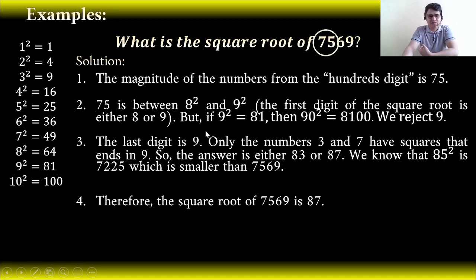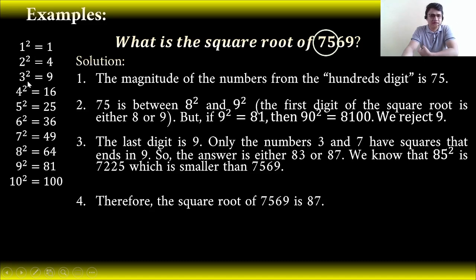But if 9 squared is 81, then 90 squared is 8,100, which is greater than 7,569. So we reject 9, and the only surviving possible first digit is 8. Now the last digit of 7,569 is 9, and only the numbers 3 and 7 have squares that end in 9.